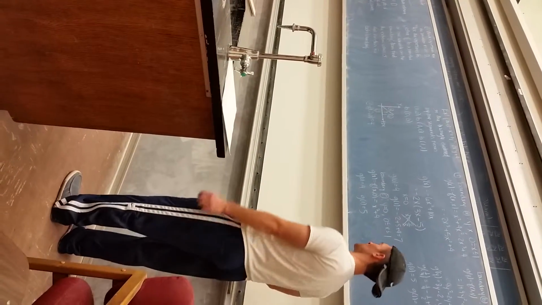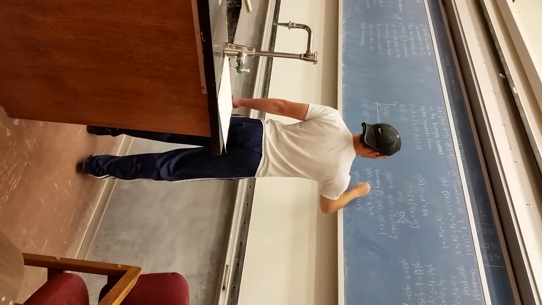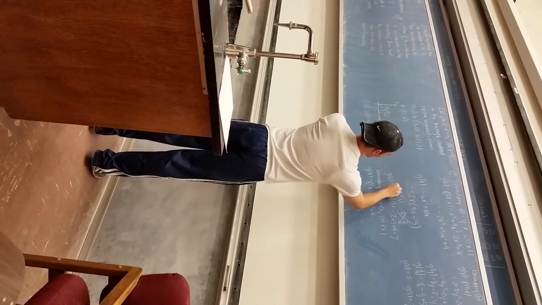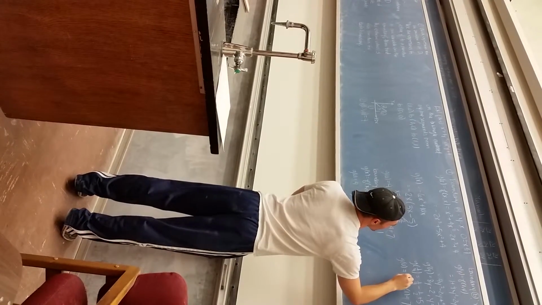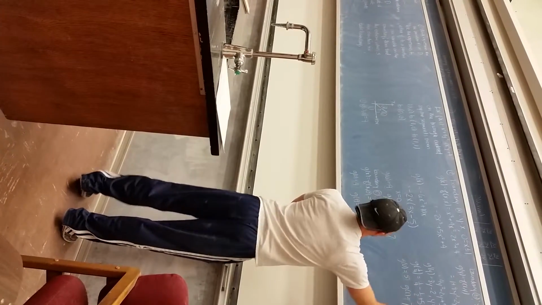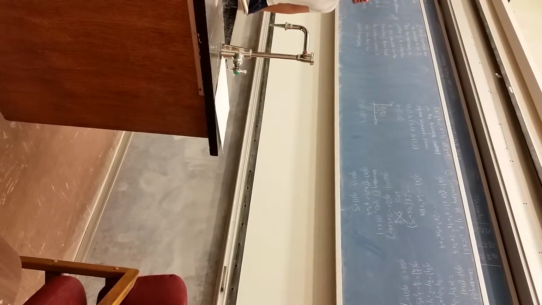There we go. These are the values that we consider for absolute maximum and absolute minimum. Here's one, and here's one. So what's the big one? 7? Okay.